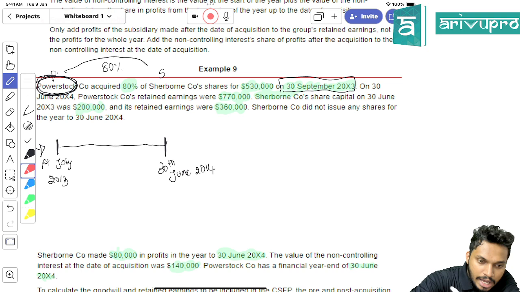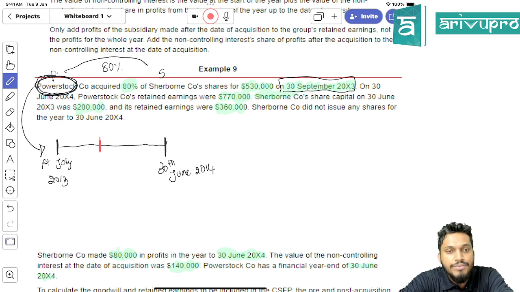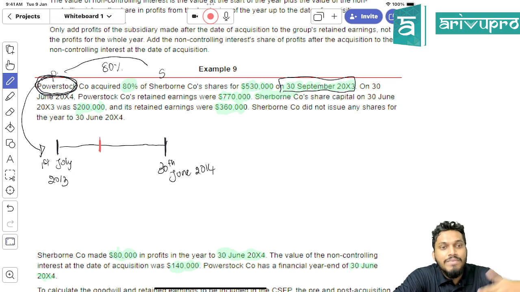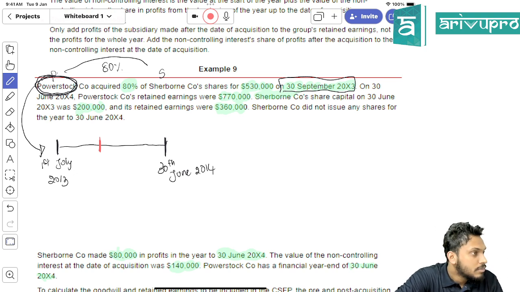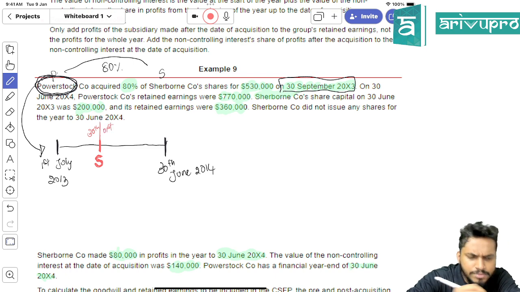Now I am investing in the subsidiary on 30th September, so can I take it as 1st of October? Our calculation is easy because after July, August, September, after 3 months, we are investing in the subsidiary. So the subsidiary was acquired on either 30th September or 1st October.